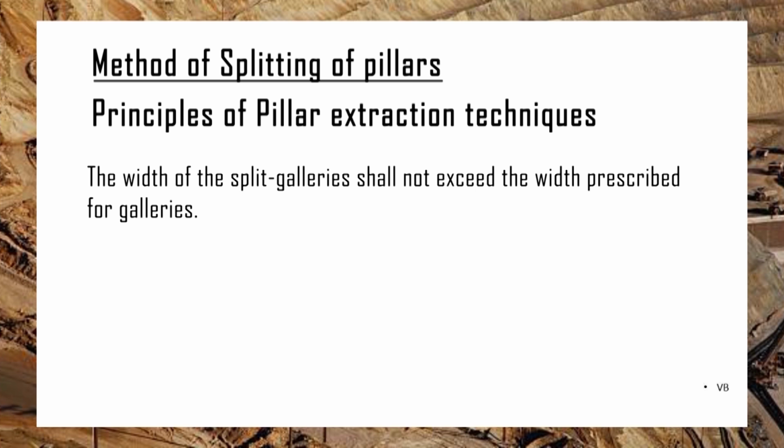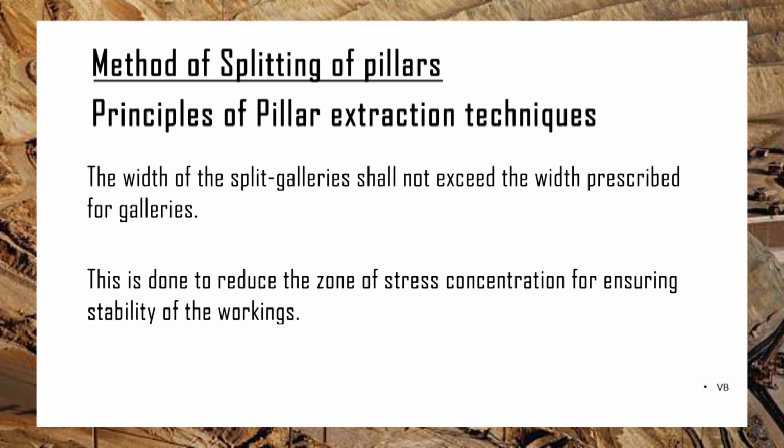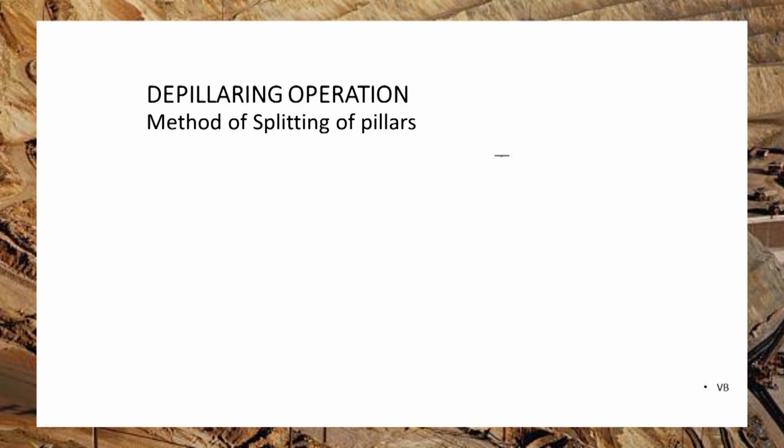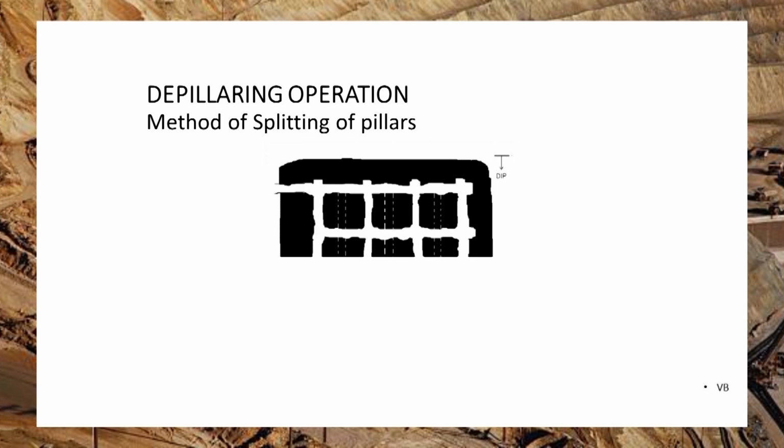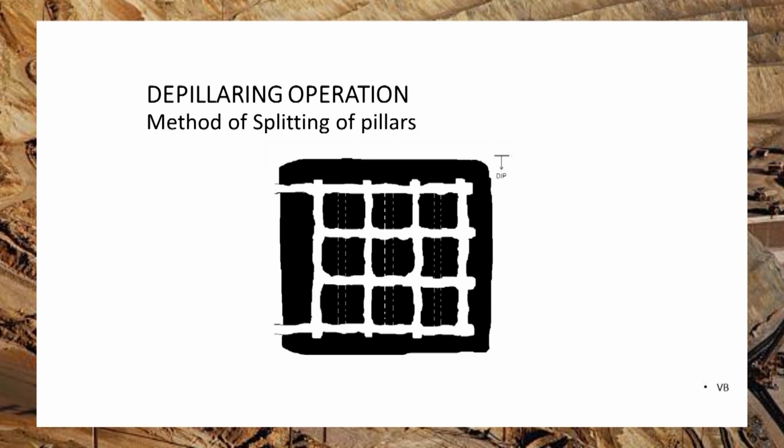This is done to reduce the zone of stress concentration for ensuring stability of the working. You can see on the figure the splitting of pillars: the black blocks show coal pillars and the white lines show the splitting of pillars.